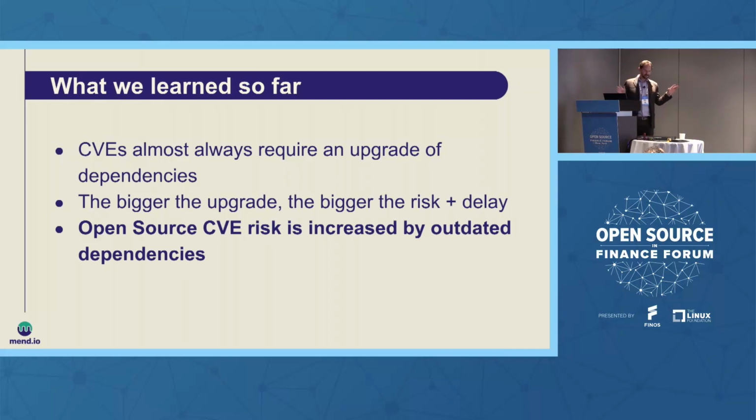I know it sounds really basic and simple to put it that way, but these points are pretty hard to debate. The further out of date you are, the higher your risk is when you get vulnerabilities. Now, what's interesting, and the reason why I say it, is because almost no companies have a process where they want to stay up to date with dependencies as a security reason.